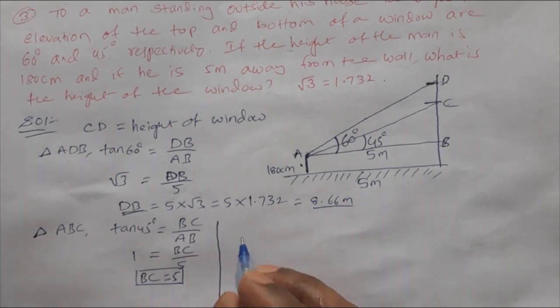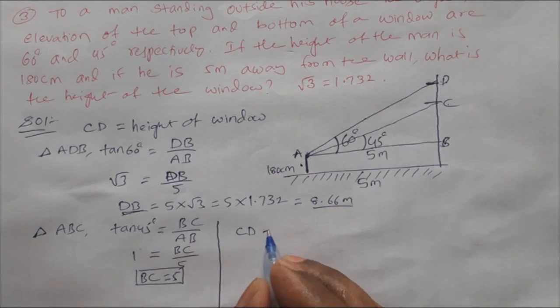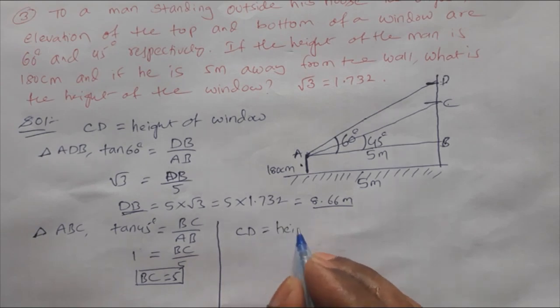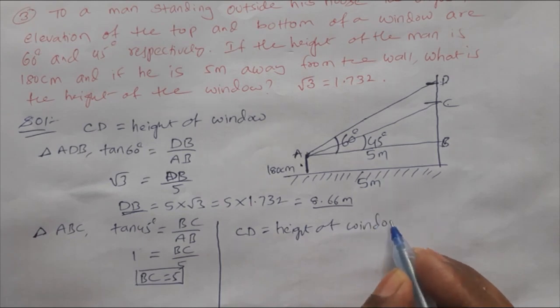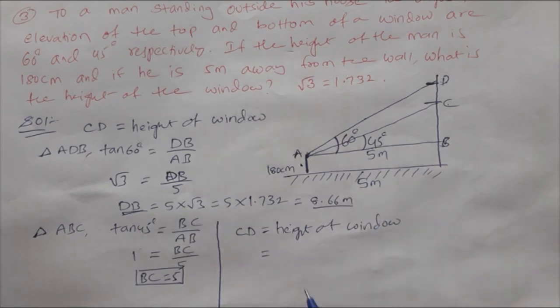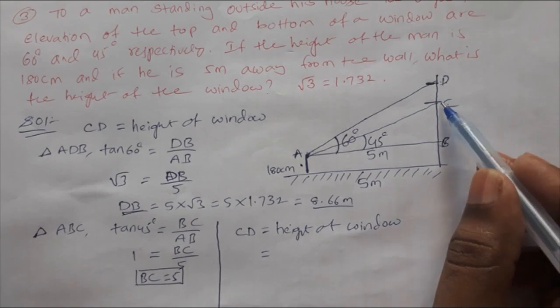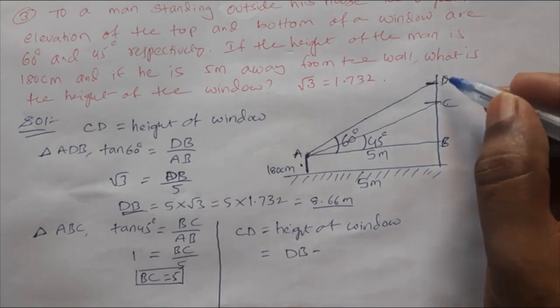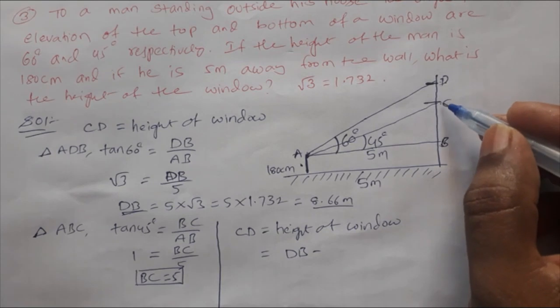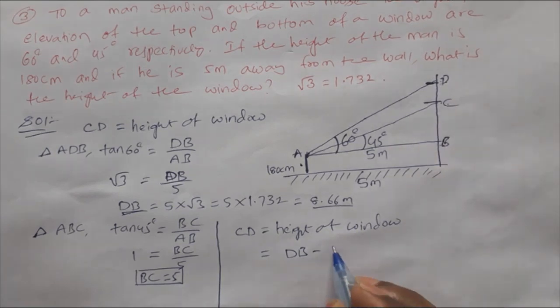Now CD, the height of the window, how to write CD? We can write CD equals DB minus BC.